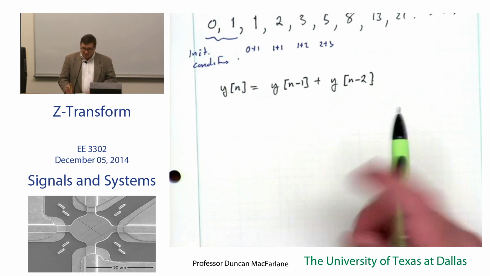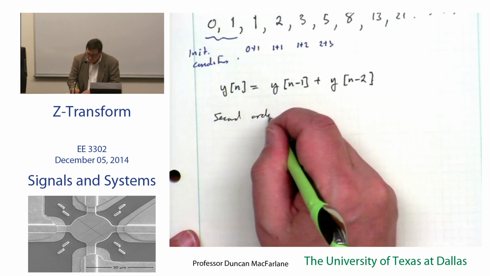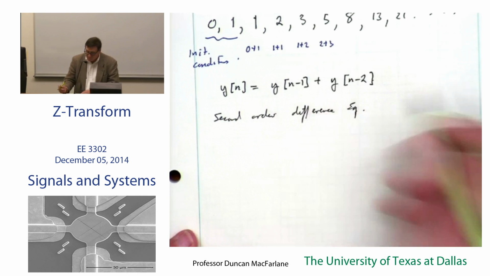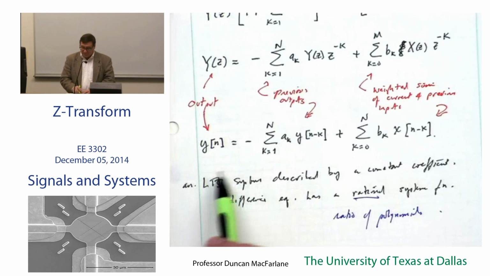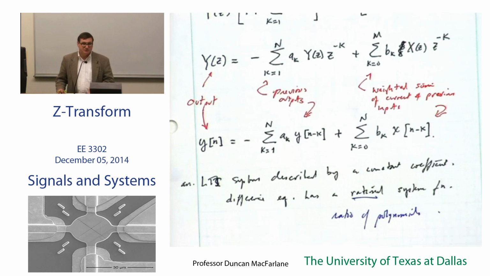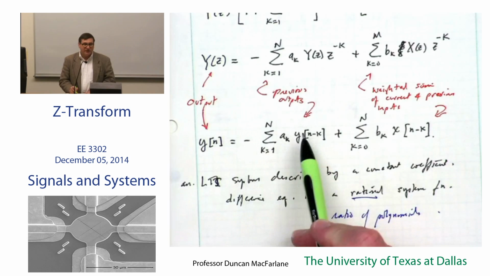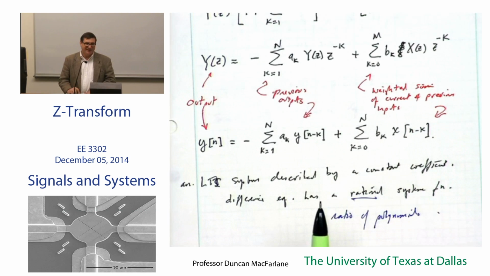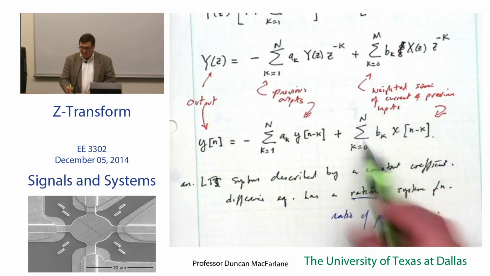This is a second-order difference equation, and it fits the form that we looked at before. y of n is equal to two of these terms and none of these terms.